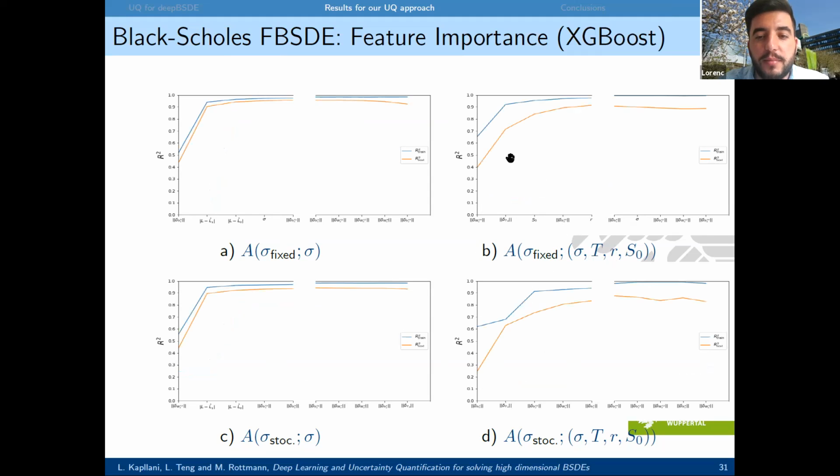And in the case of XGBoost, we see that the results are much better here, and we can see that this gradient information directly enters the model. And yes, so also for case B and also for case D.